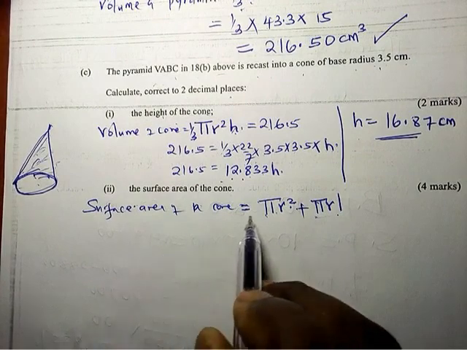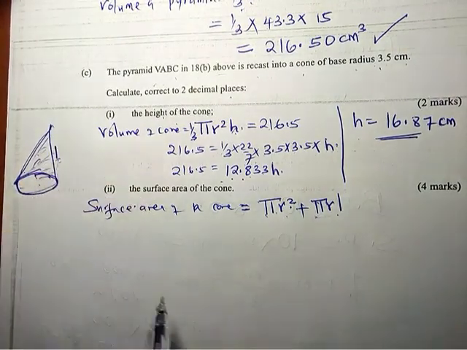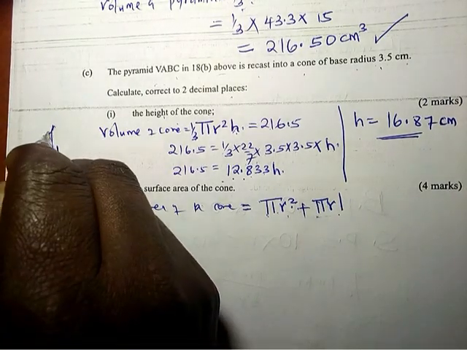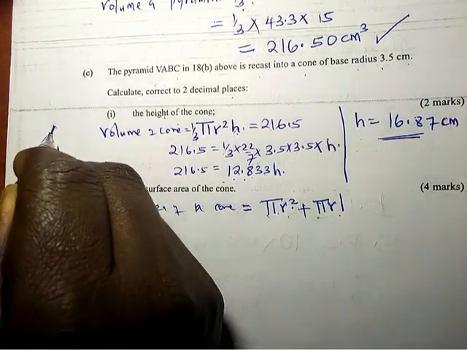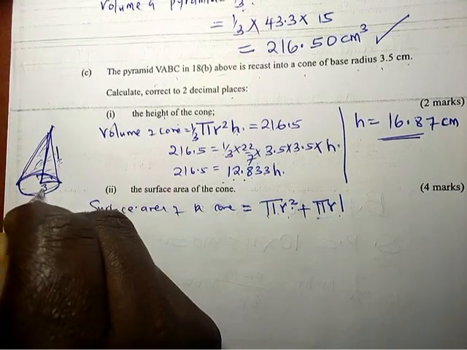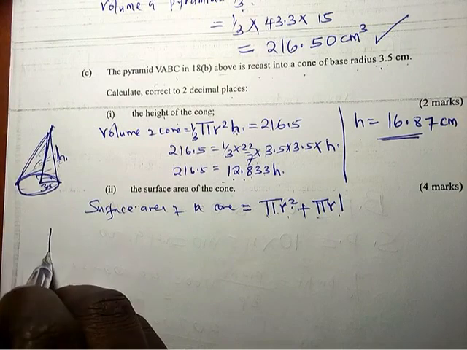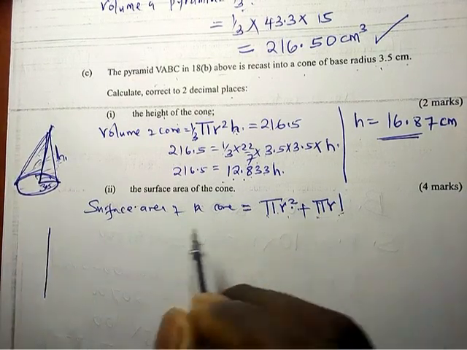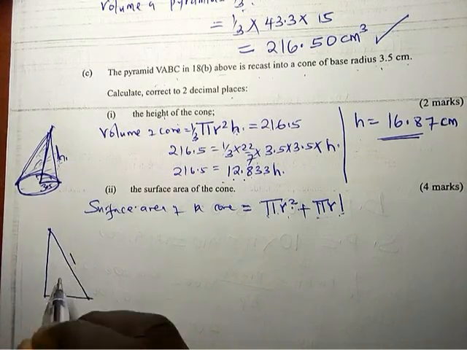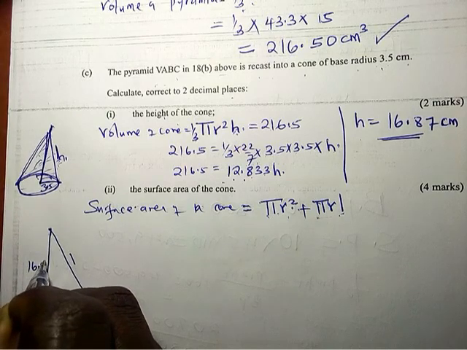But before now we calculate, we must find the L, this slant height we don't have. But that is the first thing we should get. Now this one we get it like this. Here there is a height ambayo tumepata 16.87, kutoka hapa mpaka hapa. Kutoka hapa mpaka hapa tuko na radius 3.5 lakini hatuna hii. So we use Pythagoras theorem to get that slant height because we need it here. We are looking for the slant height. Here is 3.5. Here is 16.87.